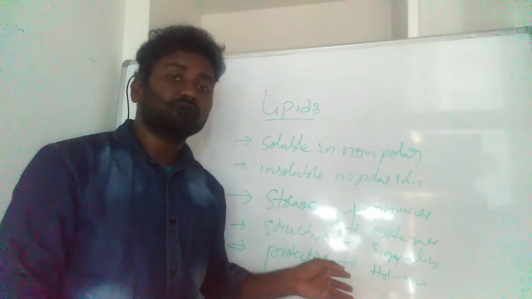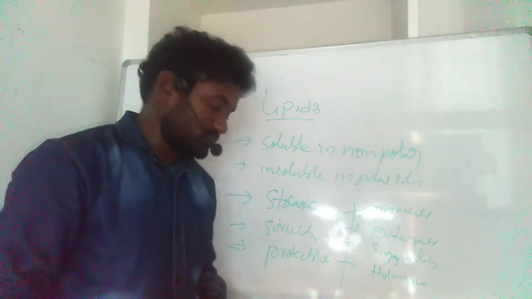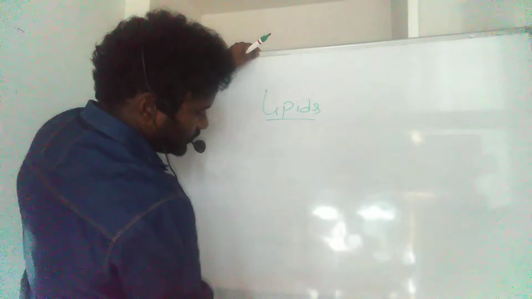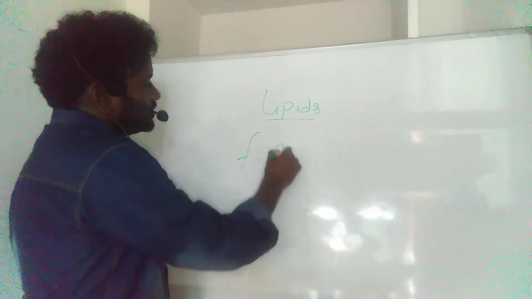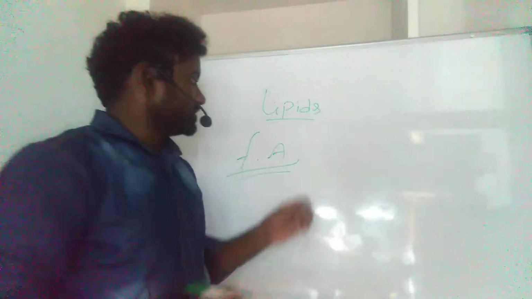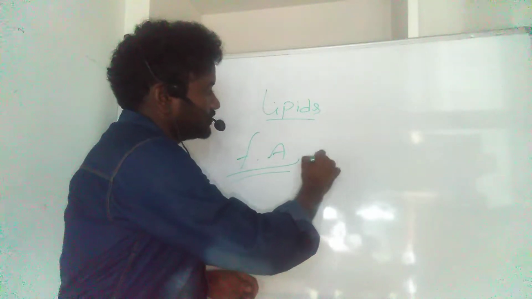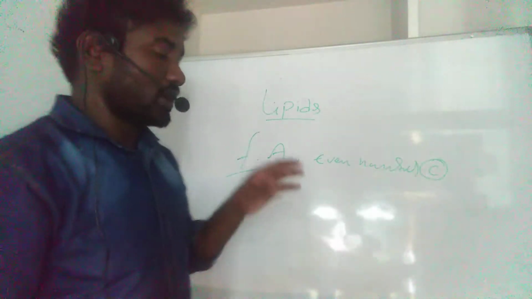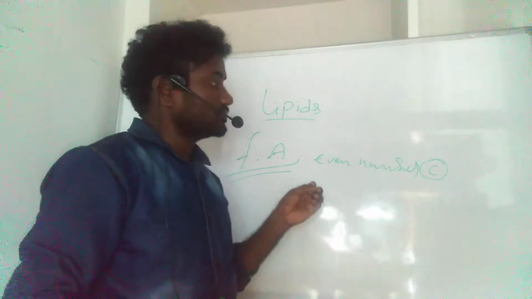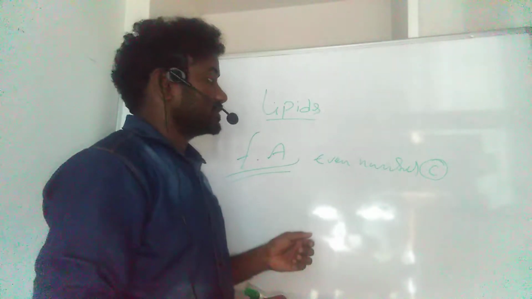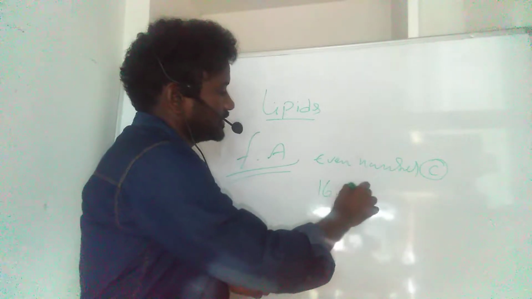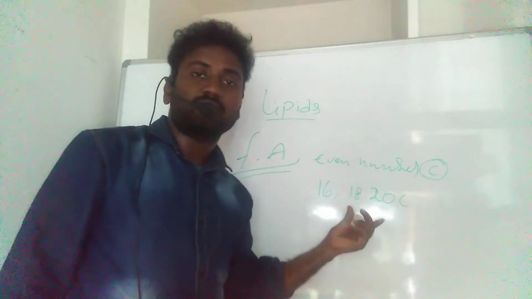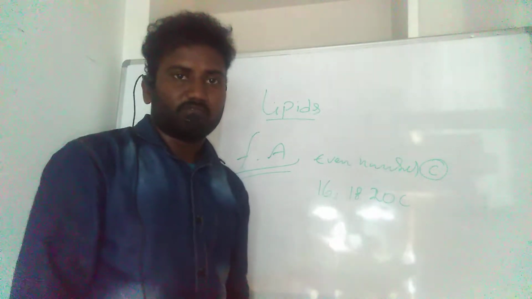The simplest form of lipids are fatty acids. Fatty acids mainly contain an even number of carbons. The most commonly found fatty acids are 16 carbon, 18 carbon and 20 carbon fatty acids, commonly found in biological membranes of biological systems.